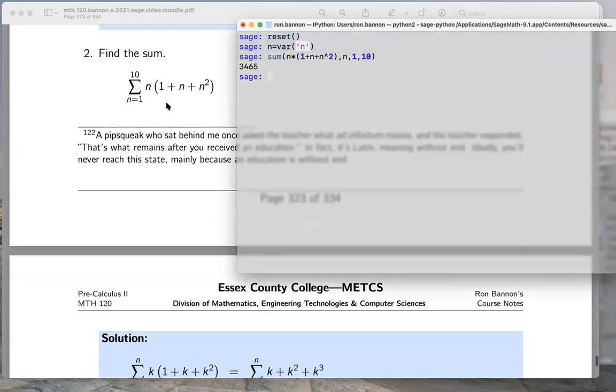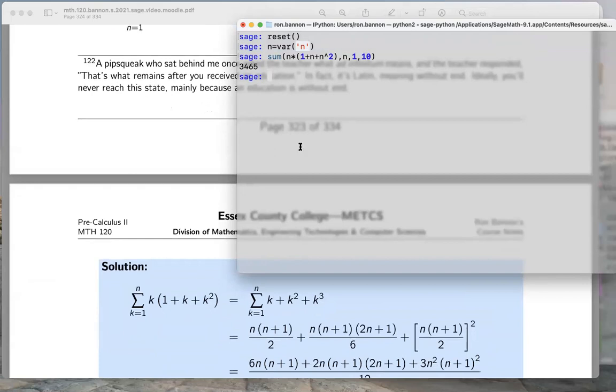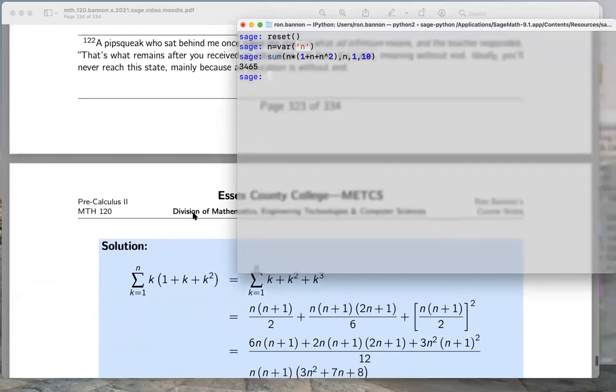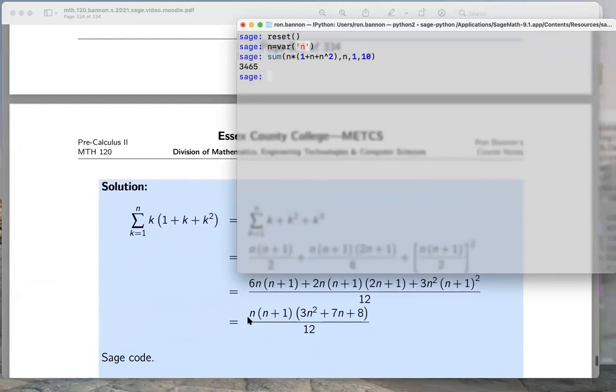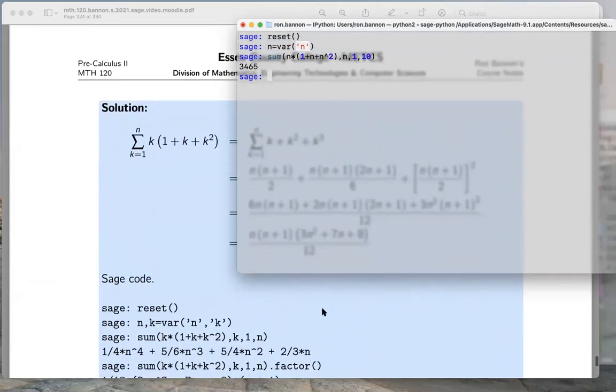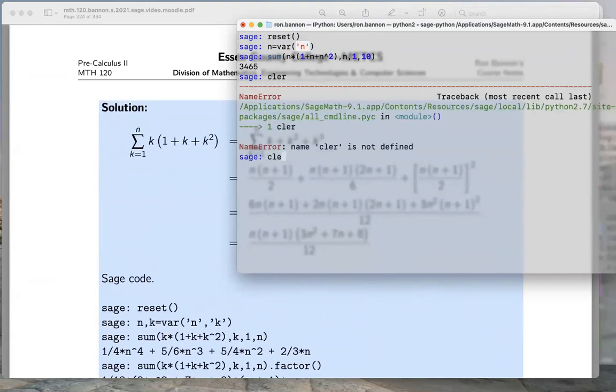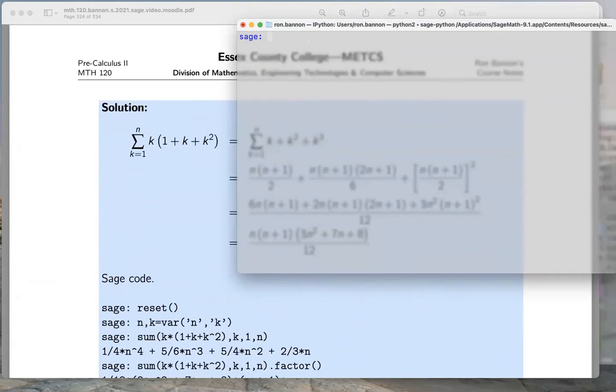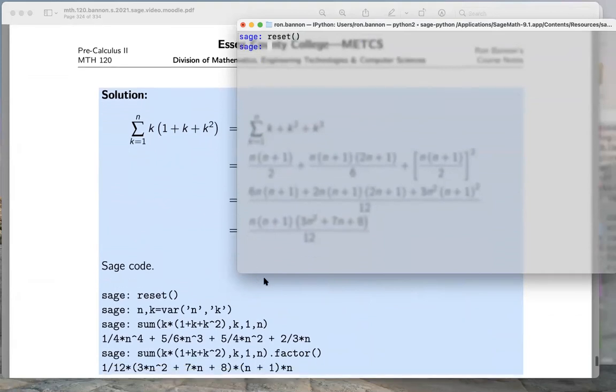So what I want to do is start to look at this code over here, and I'm noticing they got a general formula for it. What I want to do is write some Sage code. So let me clear again. Whoops, I didn't type in clear, did I? I'm going to do reset. Again, I'm trying to learn a little bit at a time.